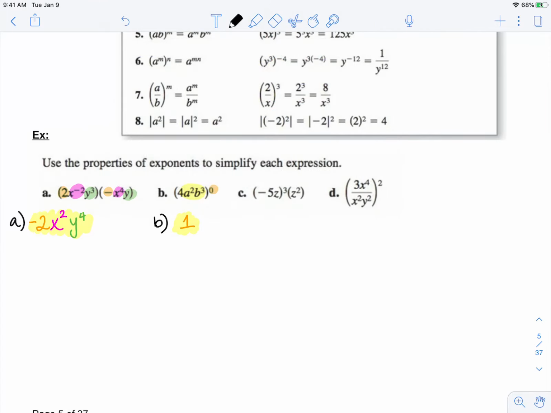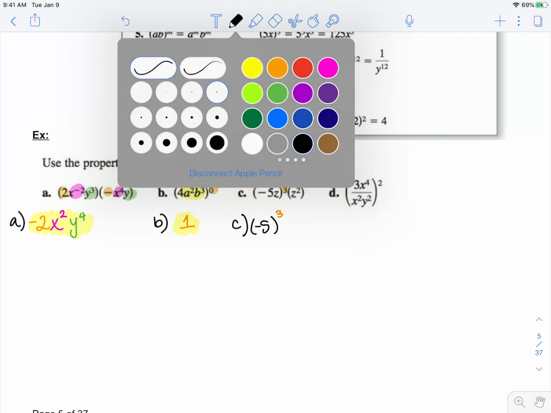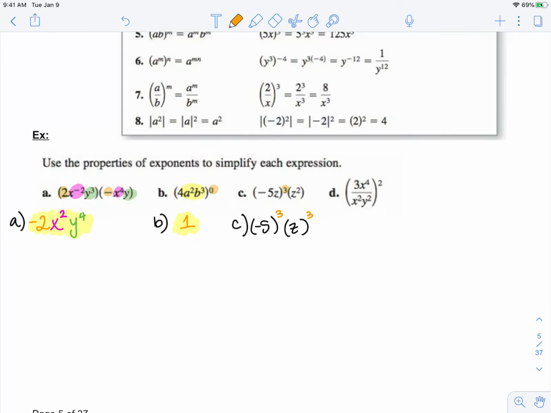Now, if I look at part C, the first thing I'm going to do is this power on the outside of my parentheses. What that makes me have is -5 to the 3rd times z to the 3rd, and that's still being multiplied by z squared.